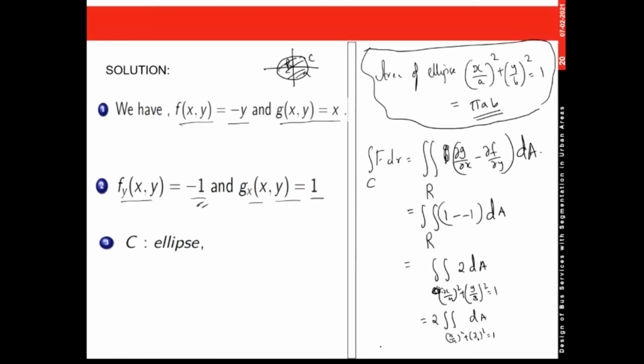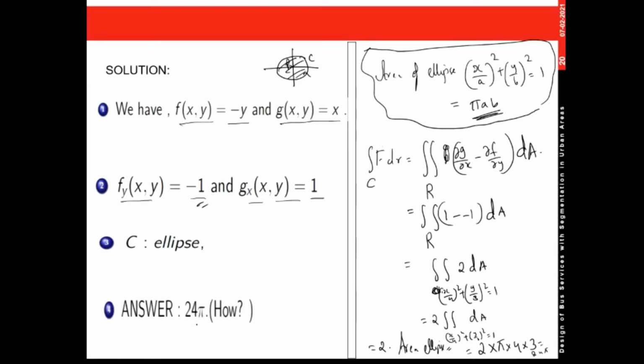That means this is equal to 2 times the area of this ellipse. We know that the area of an ellipse is pi ab, so pi into 4 into 3. So this is actually 24 pi.